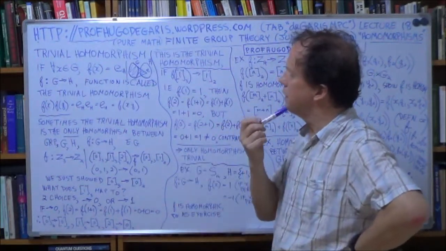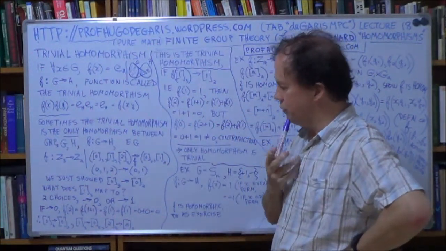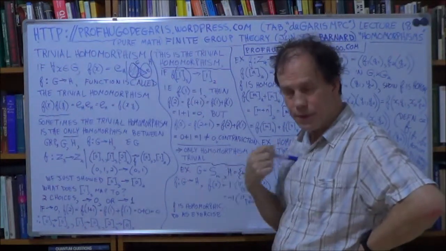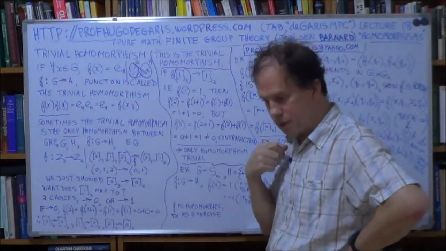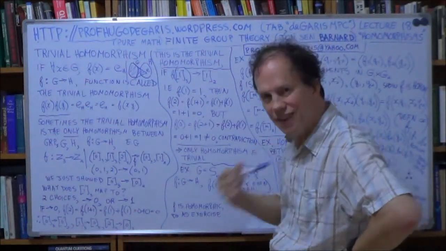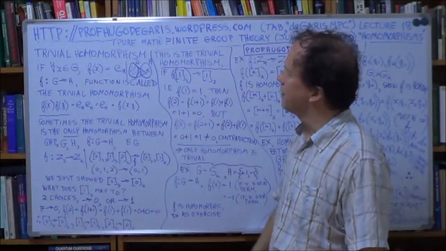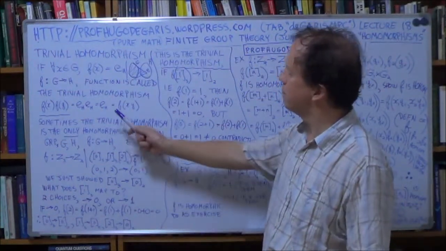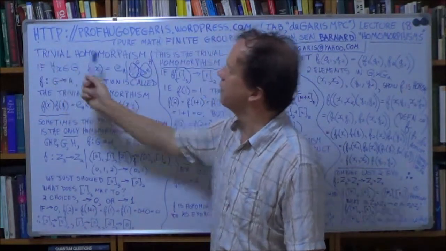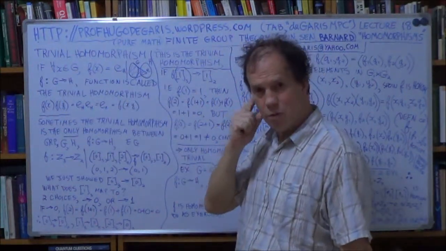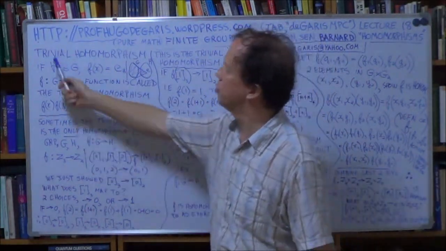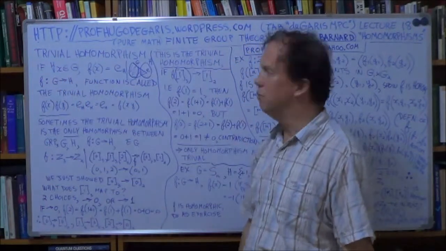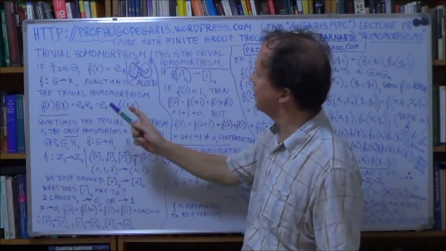Right, we'll push on with more examples of homomorphisms. The chapter has 8 of them, so quite a few. So, talk now about a particular kind of homomorphism that's called a trivial homomorphism, and it's trivial in the following sense.